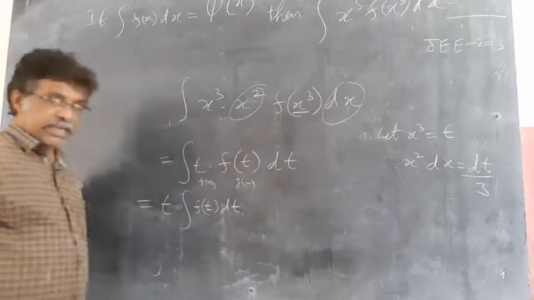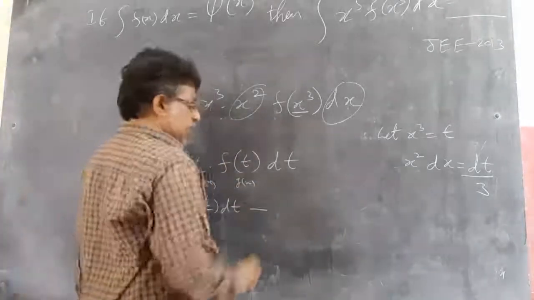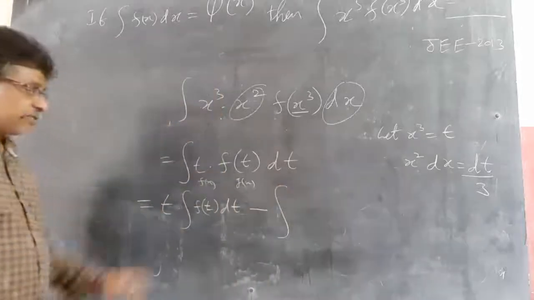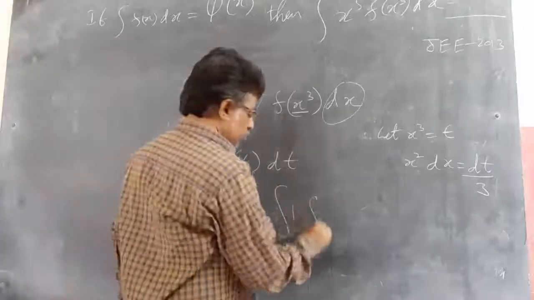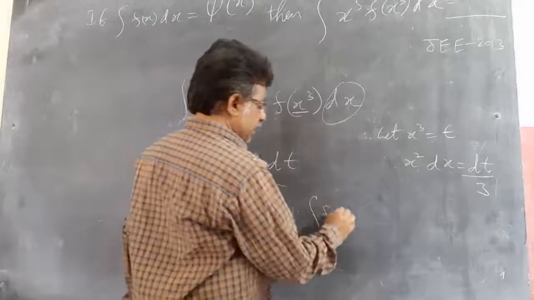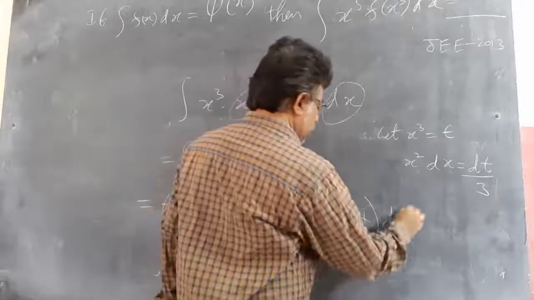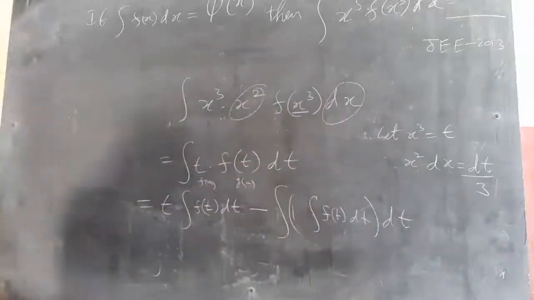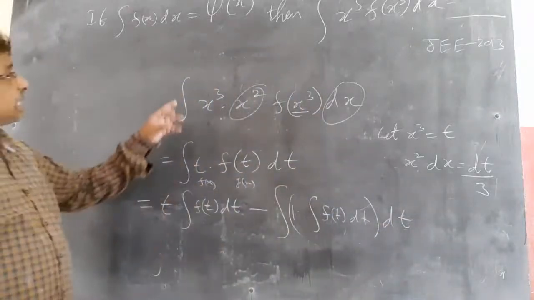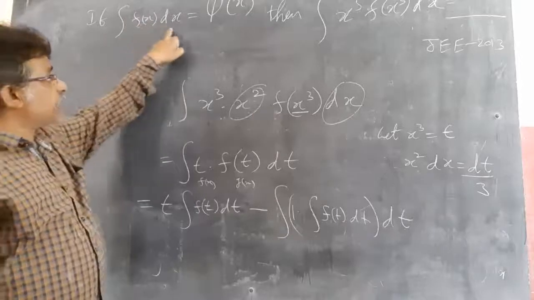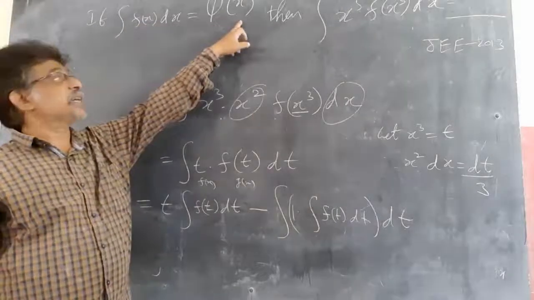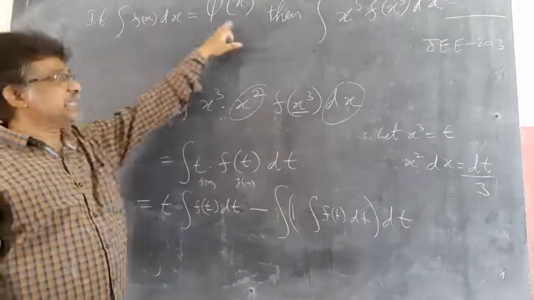Integral of f of t dt minus integral of derivative of t, which is 1, into integral of f of t dt, whole dt. Now if you observe, here t is the dummy variable. If you have integral of f of x dx is psi of x, means integral of f of t dt is psi of t only.